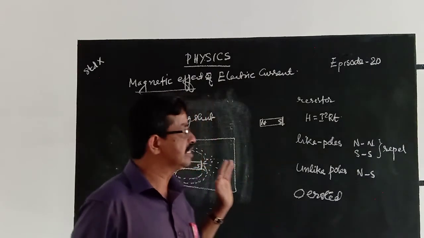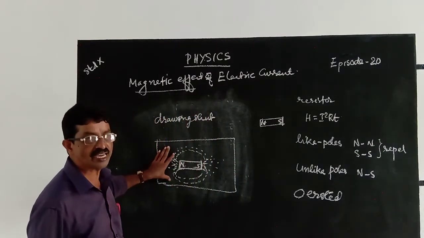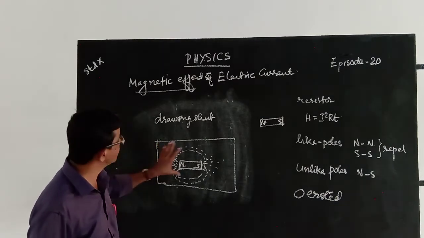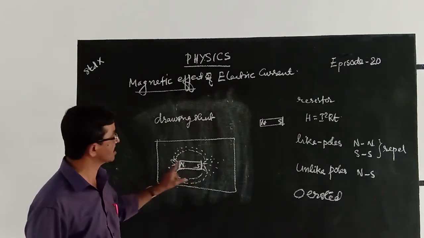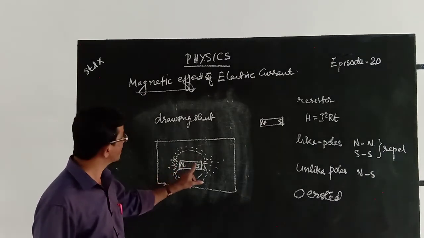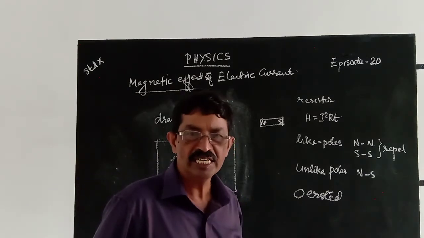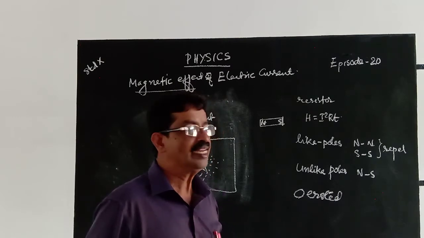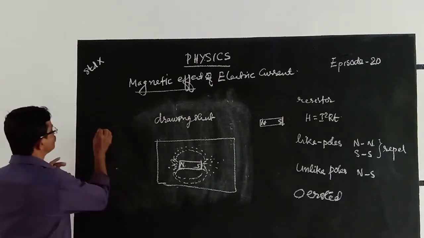Magnetic field is the region around the magnet where the magnetic property exists.